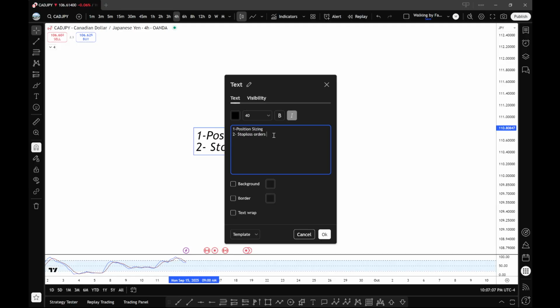In number two, for the stop loss, and this is very important, we also want to prevent our emotion from keeping us in losing trades too long.